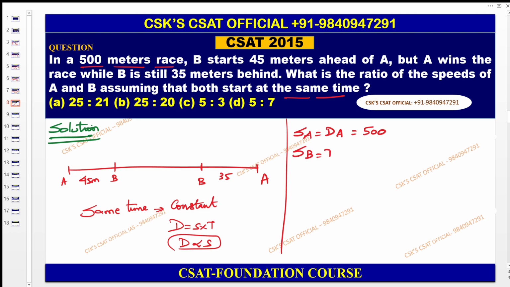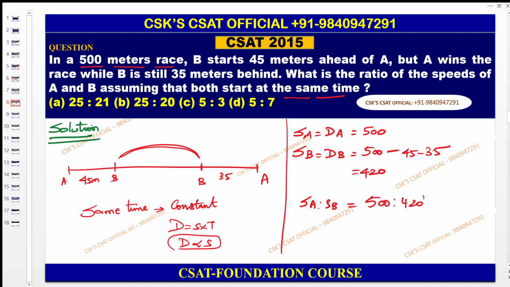The distance covered by B is 500 minus the distance behind, so you have to subtract the 45 and the 35, which is nothing but 420. So we need the ratio of the speeds SA to SB: 500 is to 420, the zero gets cancelled, then you can cancel by 2 table, so 25 is to 21. A is the correct answer.